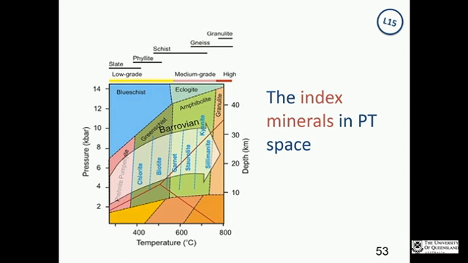And we finished with having this kind of summary diagram where we have the metamorphic facies, for example, blue schist, eclogite, green schist, and so forth, which we use to name metabasites. We also have index minerals: chlorite, biotite, garnet, staurolite, sillimanite, kyanite. All of them have aluminium, so we use them to classify metapelites.